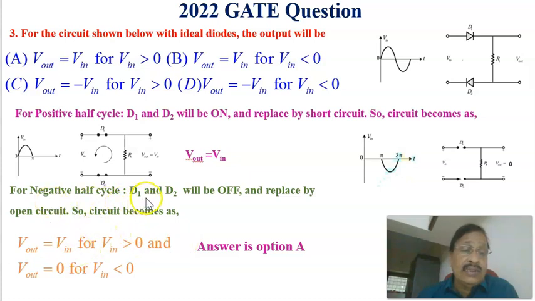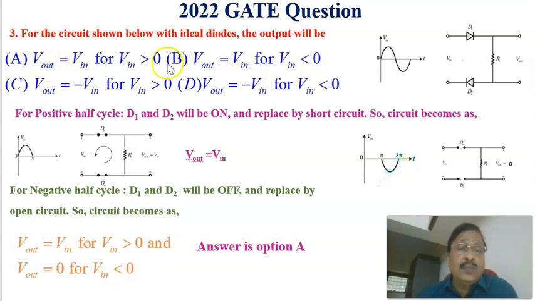So for the negative half cycle, D1 and D2 will be off and replaced by open circuit, so the circuit becomes as shown. And the answer is that V out equal to V in for V in greater than 0 and V out equal to 0 for V in less than 0.